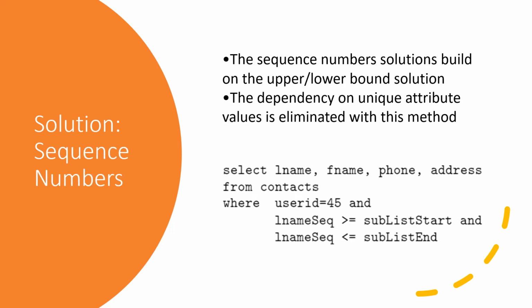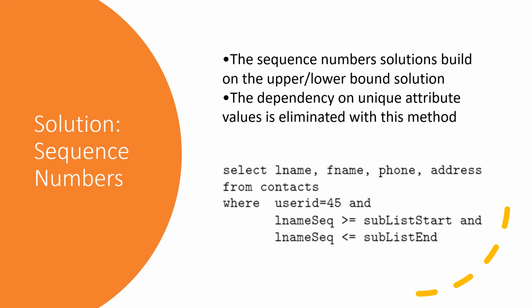Another possible solution is the sequence number solution. Sequence numbers build on the upper-lower bound solution by eliminating the need for unique attribute values. The sorting order is not needed since each element in the list is assigned a unique sequence number. The upper and lower bounds on the sequence numbers are used to return specific subsets.